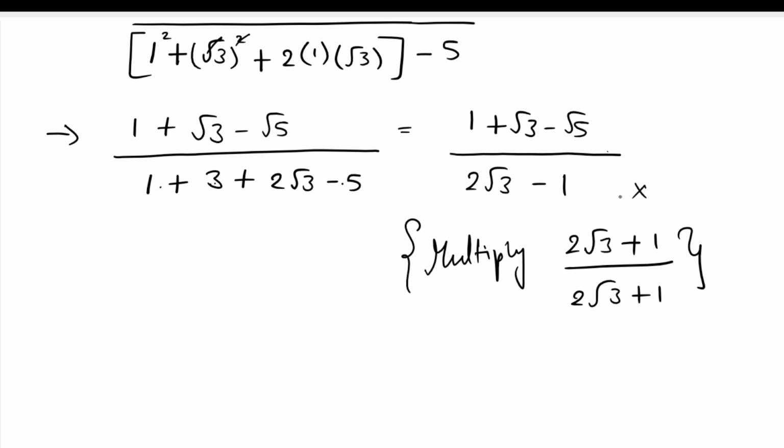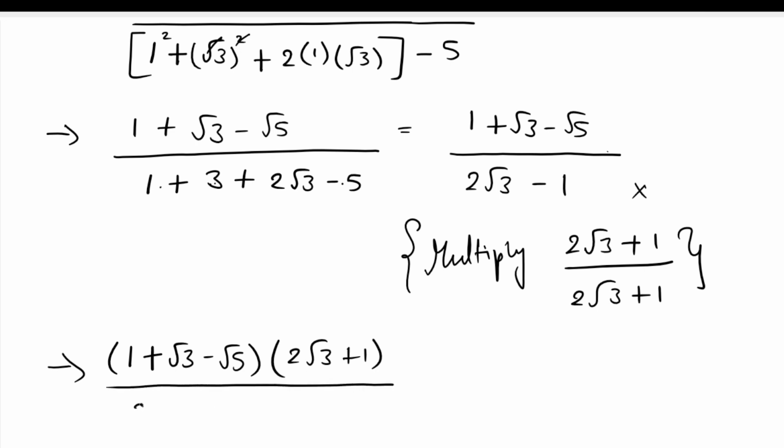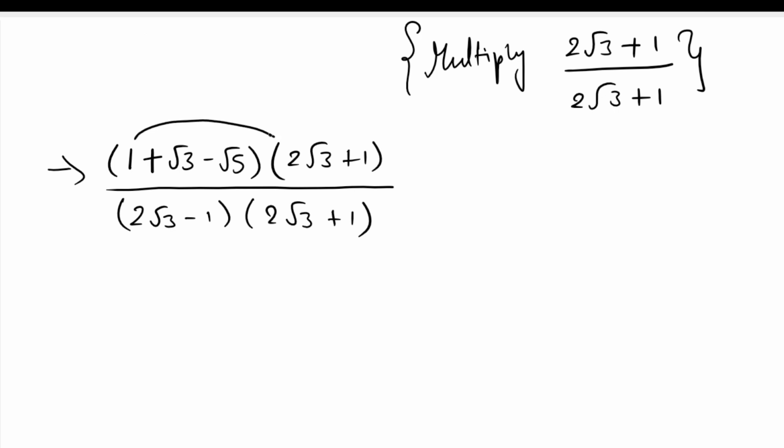So this into this will give me 1 plus root 3 minus root 5 into 2 root 3 plus 1 divided by 2 root 3 minus 1 into 2 root 3 plus 1. So now I'm multiplying each term separately.